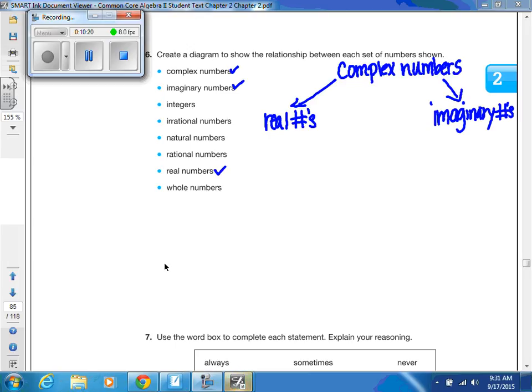What are the two groups of real numbers? Rational and irrational. Exactly. Real numbers can either be rational or irrational.